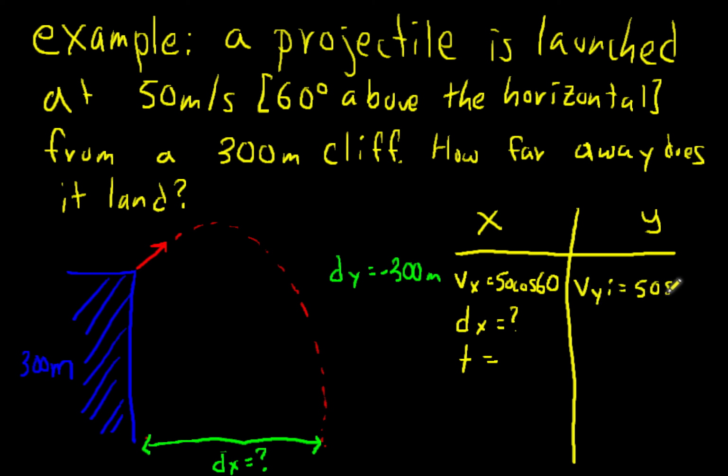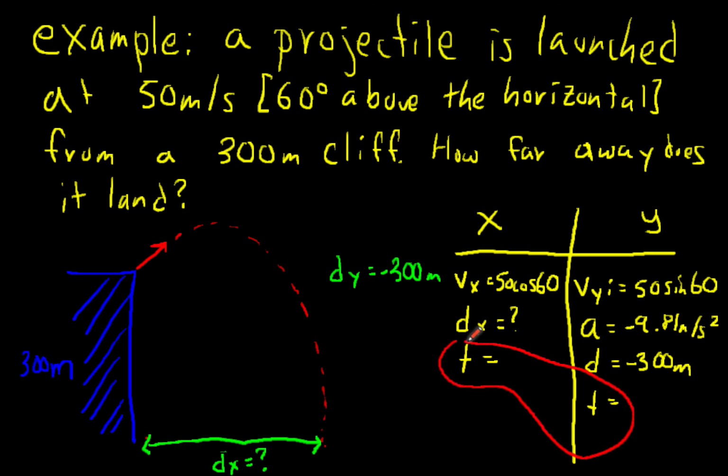Vy initial is 50 sine 60. Acceleration is negative 9.81 because it's falling under the influence of gravity. And the displacement is negative 300 meters because it falls down 300 meters. We can use this information to find time. Once we have time on the y side, we can use it on the x side to solve for dx.